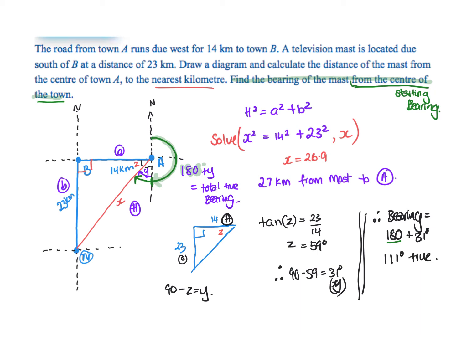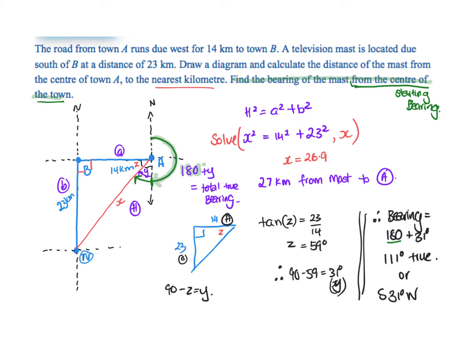Or if I wanted to do a compass bearing, you're down here at the south and you're moving Y, which is 31 degrees towards the west. So it's up to you.